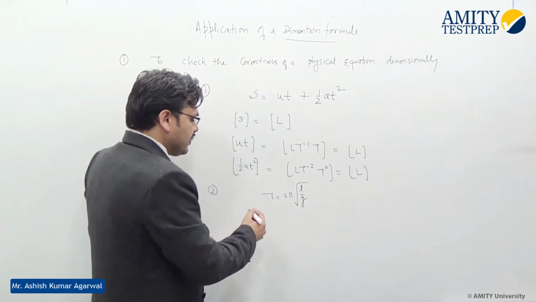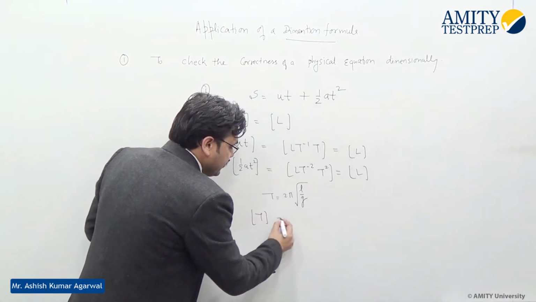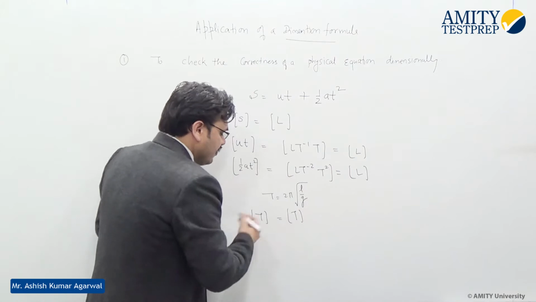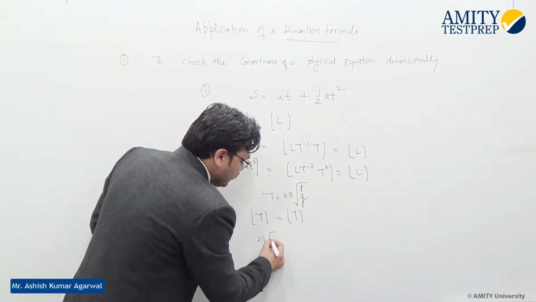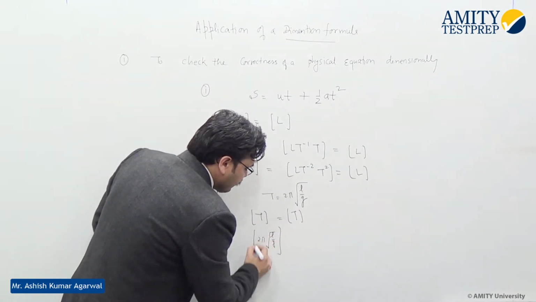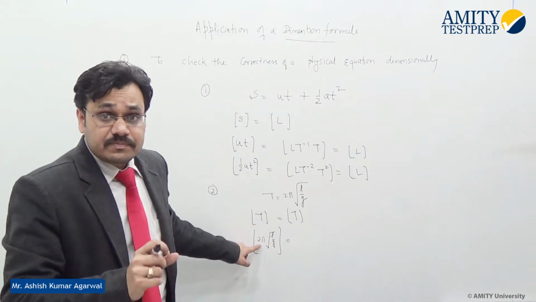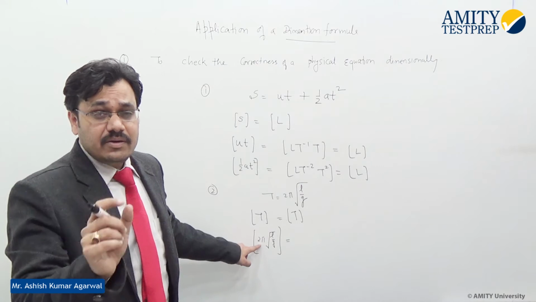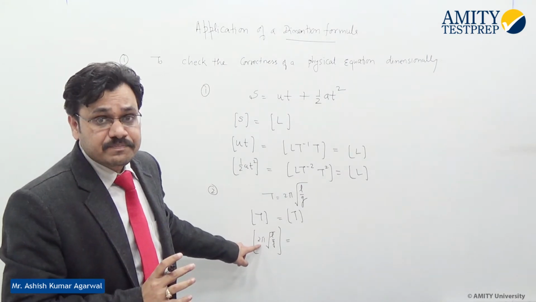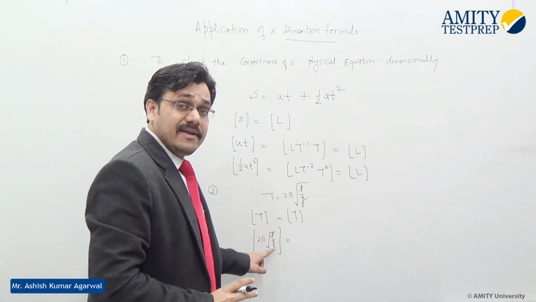If I take the dimension formula of time, it will be T. And if I move to 2 pi under root L by g, I have to find the dimension formula of this. As you can see, this 2 pi is a numerical value. Numerical value has no dimension. So I have to move to L and g.